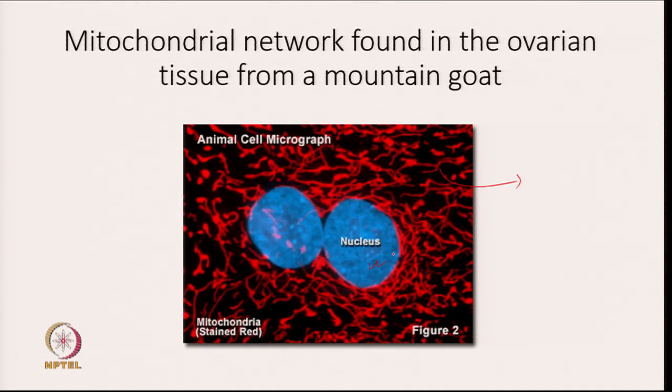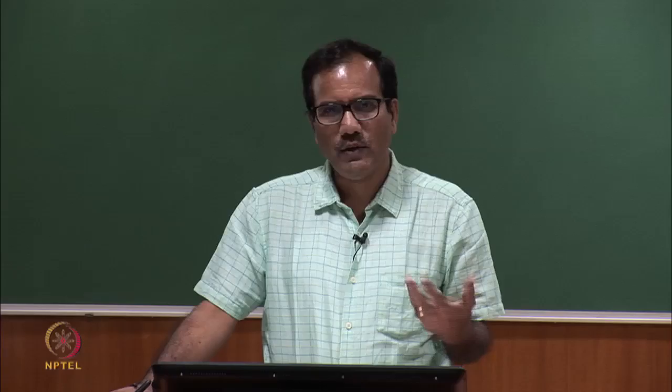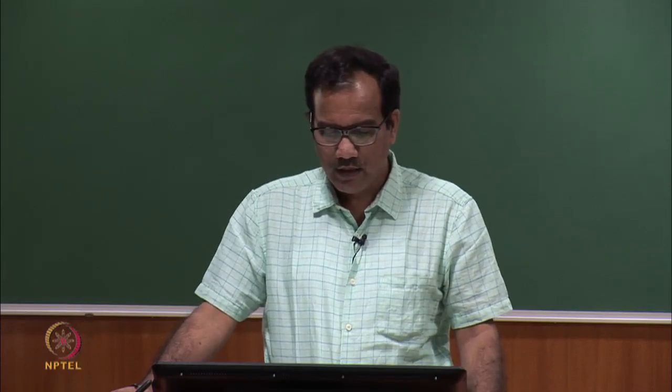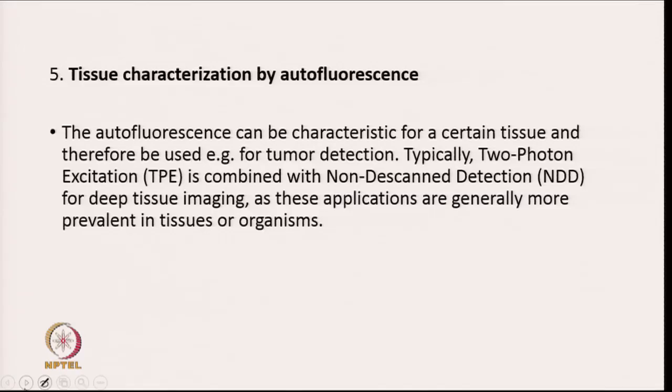So, you can clearly see how the mitochondrial network is there in the ovarian tissue. I already discussed autofluorescence. Autofluorescence can be characteristic for a certain tissue and therefore can also be used for tumor detection.